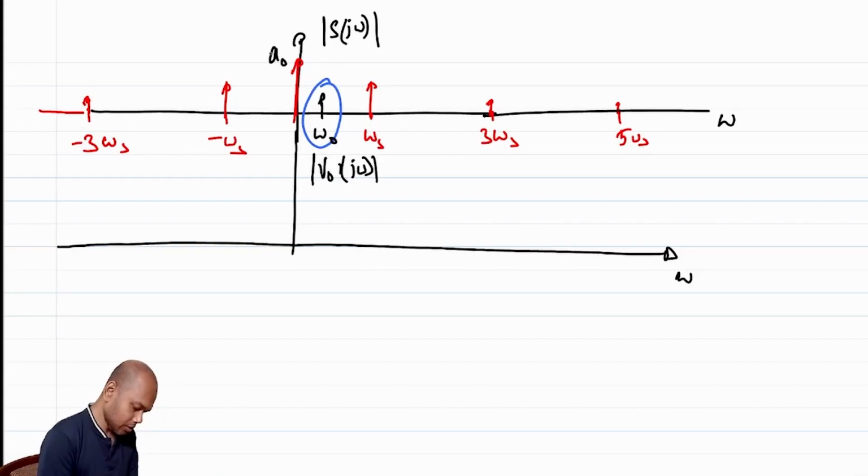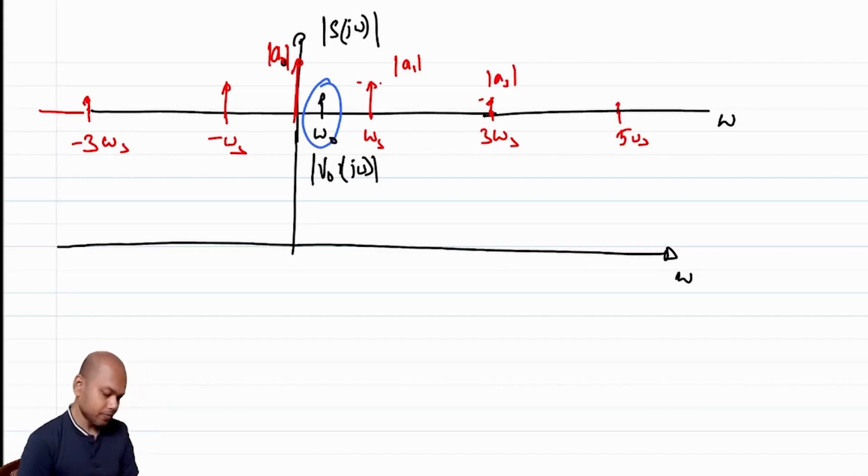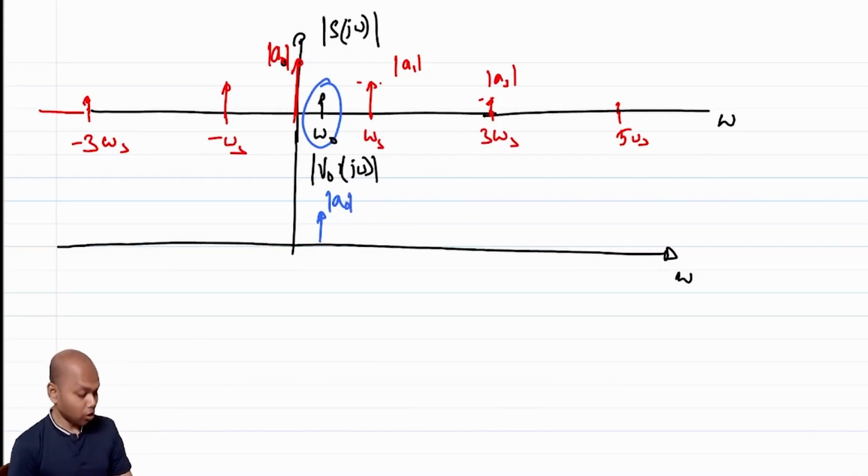So this is the mod of a naught, right? Similarly, this is mod of a1. Similarly, this is mod of a3, right? So you are going to have one component at omega naught, but it is going to get multiplied by mod of a naught.